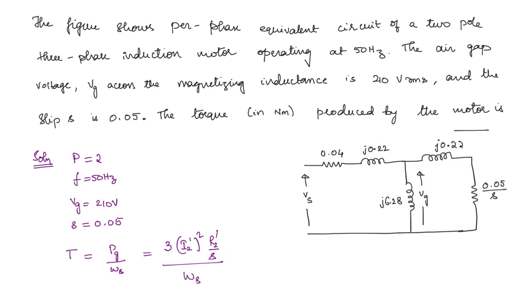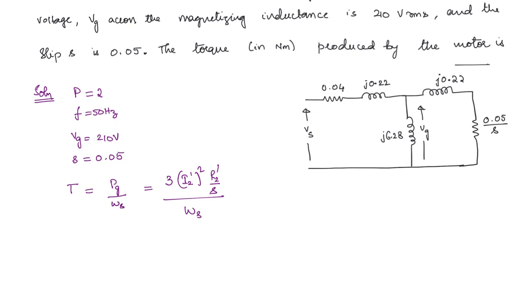Okay. So now we can find out each of the parameters. What is I2 dash? This will be the current I2 dash. Now Vg is known, Vg is given as 210 volt and the impedance is given. We can easily find out I2 dash. So you can write I2 dash is equal to 210 divided by 0.05 divided by S plus j 0.22.